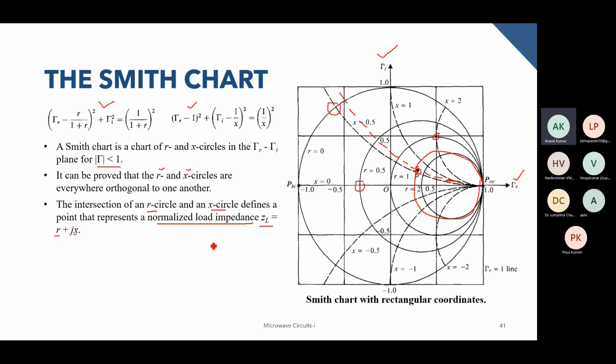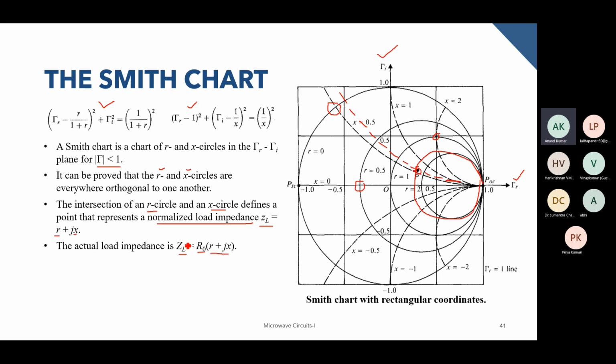on the Smith chart. To find the load impedance, all you need to do is multiply this normalized load impedance with the characteristic impedance of the transmission line that you're considering, and you'll get the load impedance. So the load impedance can be found by multiplying the characteristic impedance into the normalized load impedance from the Smith chart for any point you take.